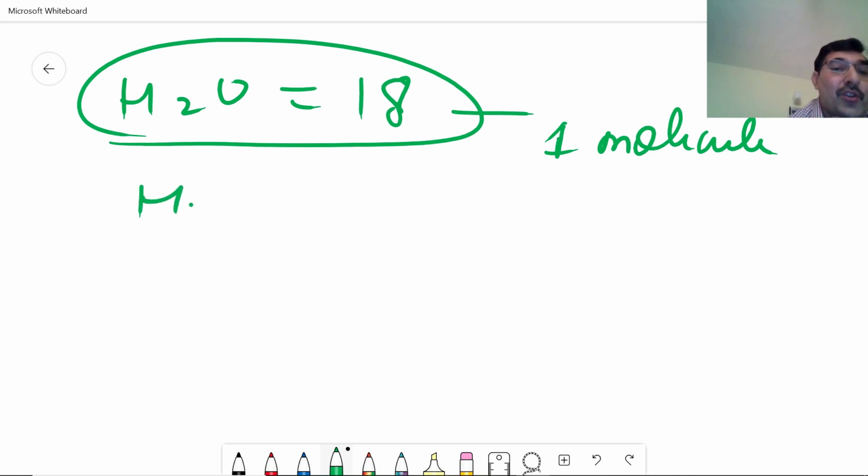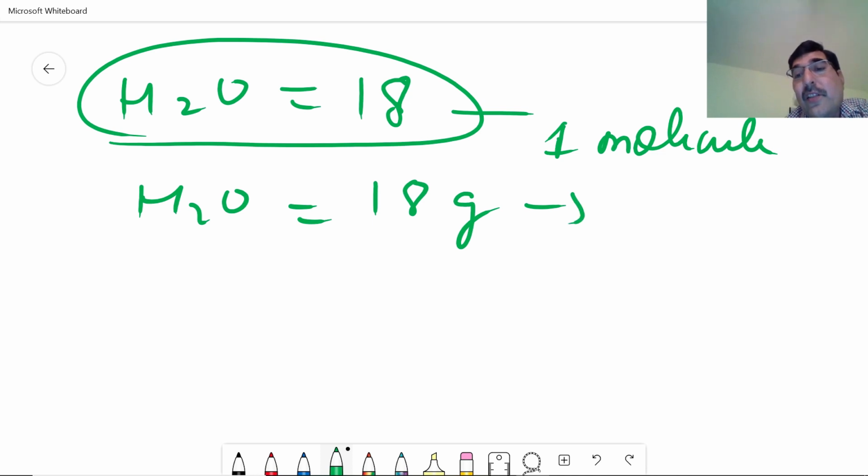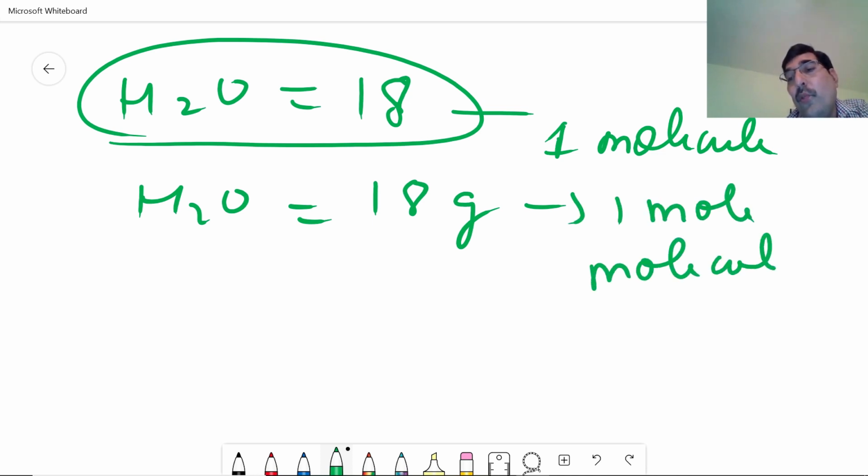If we say H2O equals 18 grams, that means it is 1 mole of molecules. So that is the difference between relative molecular mass and molar mass. I hope this is clear.